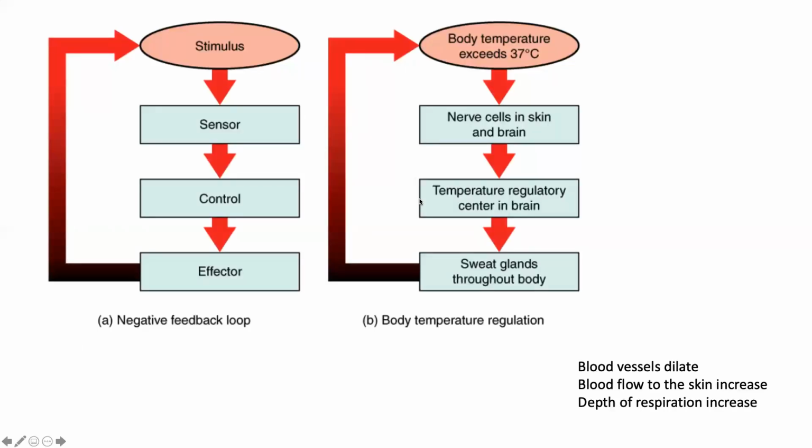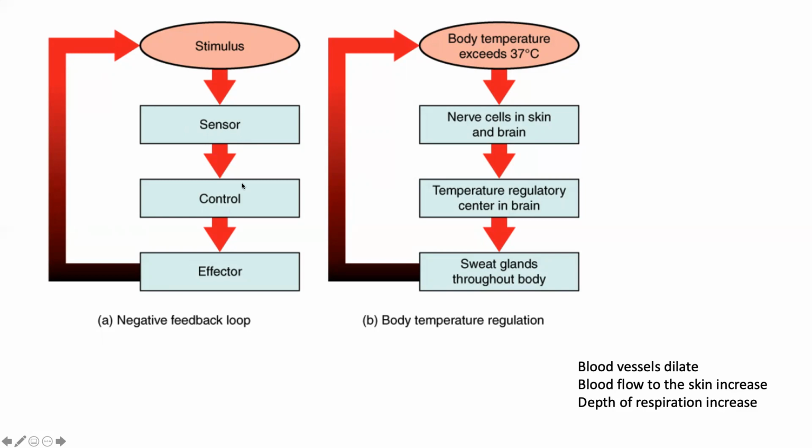Let's look at this diagram. This is what we have talked about. Now there is a stimulus. Stimulus is the deviation from the set point that is sensed by the body sensors. And then it will go to the control system.